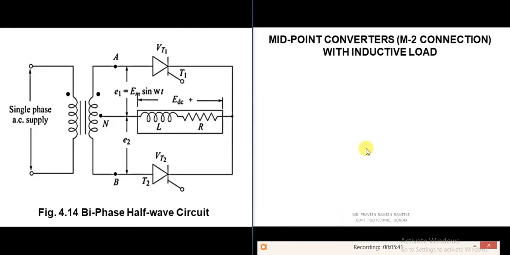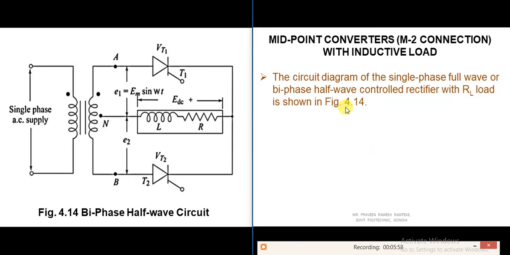Now we will discuss the working of this biphase half wave circuit, or midpoint converter, or center tap full wave rectifier with inductive load. Figure 4.14 shows the circuit diagram of single phase full wave or biphase half wave control rectifier with RL load.